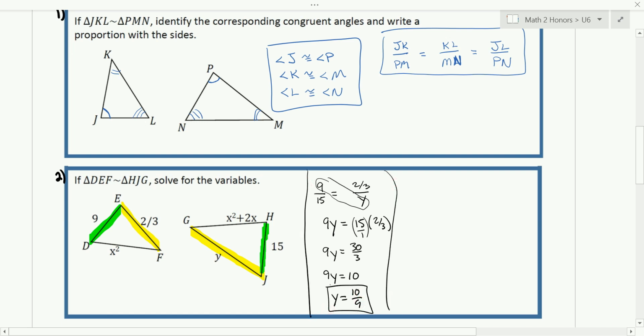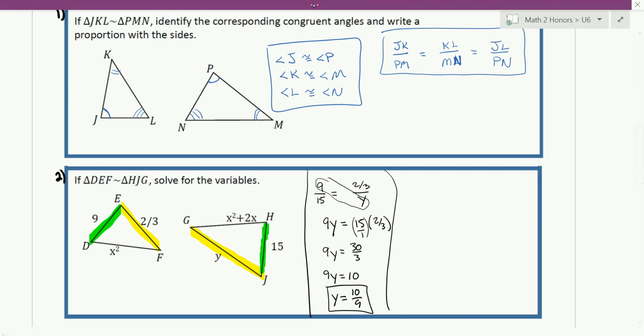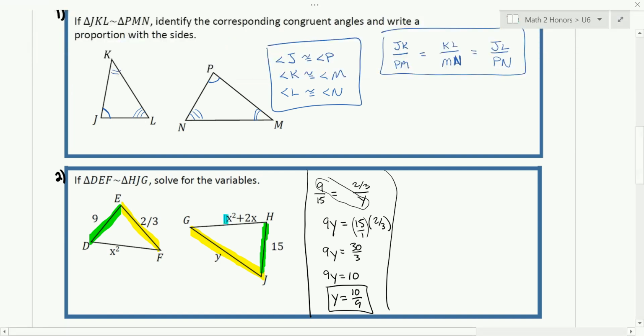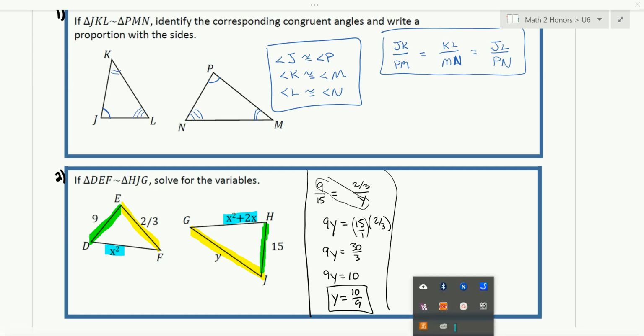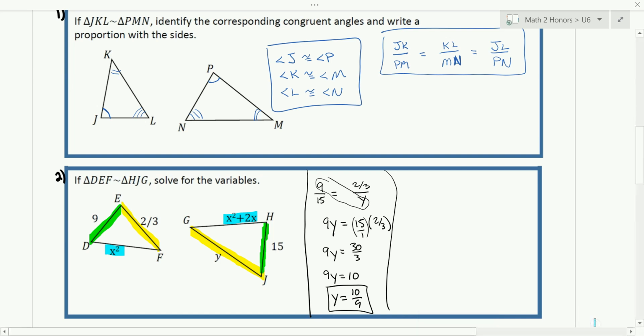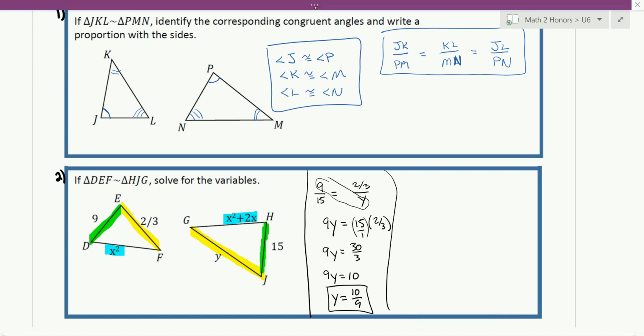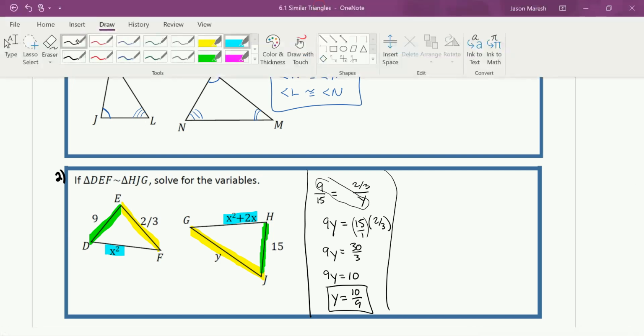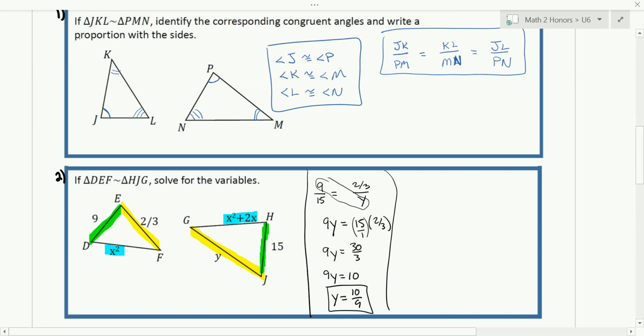So we want to now solve for x. Why don't you set up a proportion to help you solve for x and see if you can solve for x. So on this one, all right, I'm going to set up a proportion.